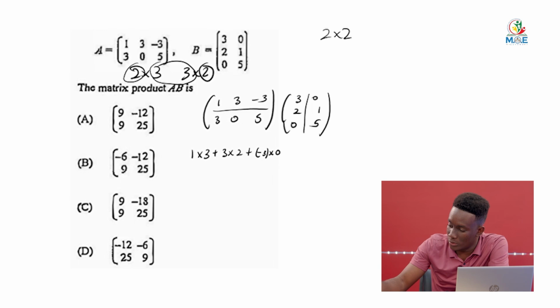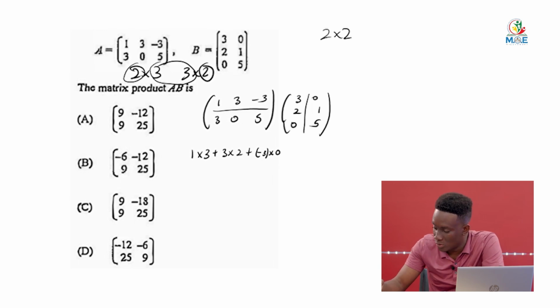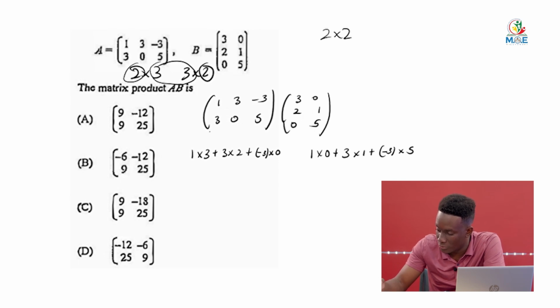Then I go to the other column: 1 times 0 plus 3 times 1 plus -3 times 5. Then I go to the other row and the first column again. This one will be 3 times 3 plus 0 times 2 plus 5 times 0.